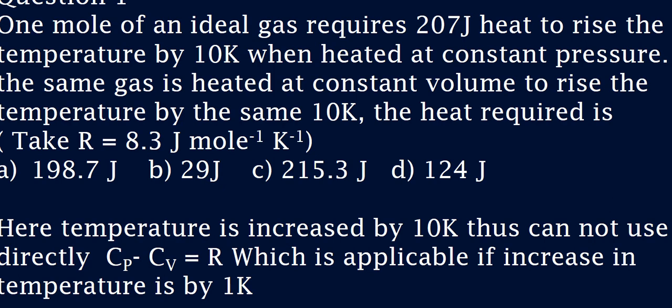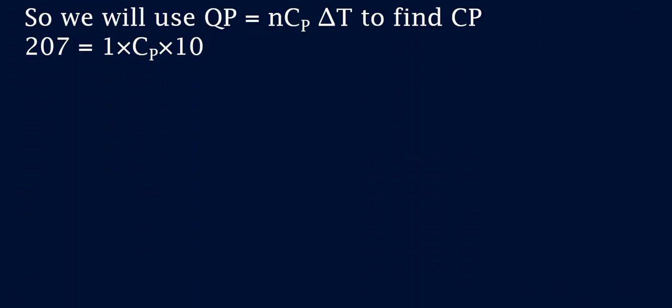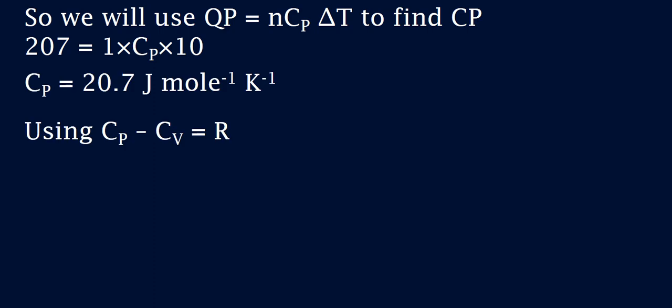So, we will use the equation Qp is equal to n into Cp into delta T to find Cp. Substituting the values and simplifying, we get Cp is equal to 20.7 joules per mole per Kelvin.